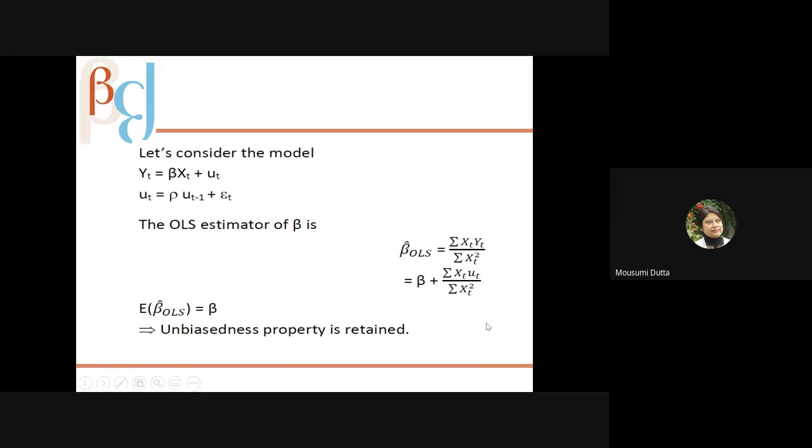Next, we calculate the variance covariances of beta hat OLS. Now, the variance of beta hat OLS is the expectation of, actually, what is the variance value? Expectation of beta hat minus beta whole square. Now, what is beta hat minus beta? Beta hat minus beta is this, summation xt ut divided by summation xt square.